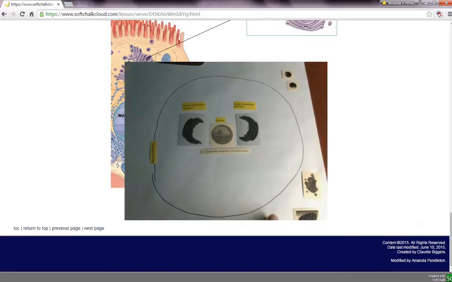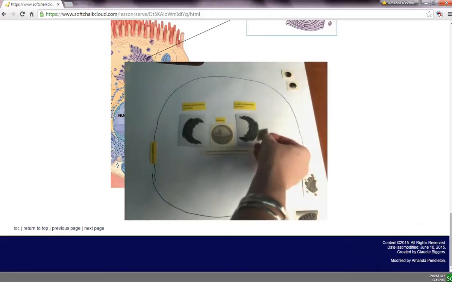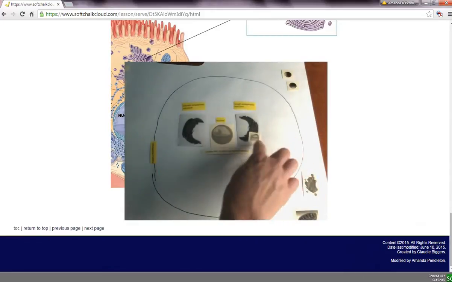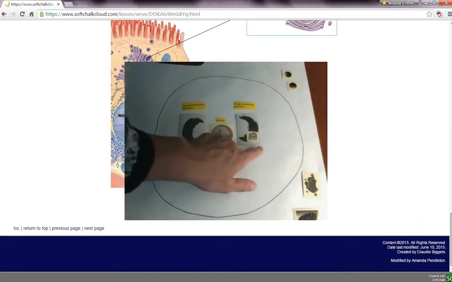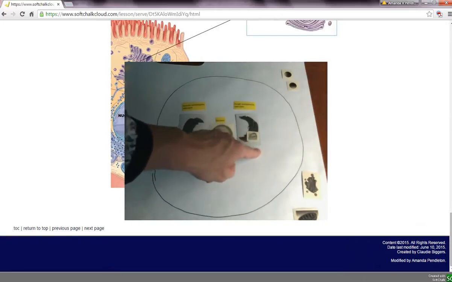And a big hint that I'm going to give you is that with rough, ribosomes are attached to them, not with smooth. Okay, why does that matter? Let's think through this. It turns out that ribosomes attach to the rough ER because ribosomes make protein.